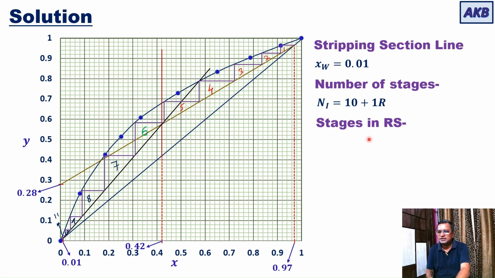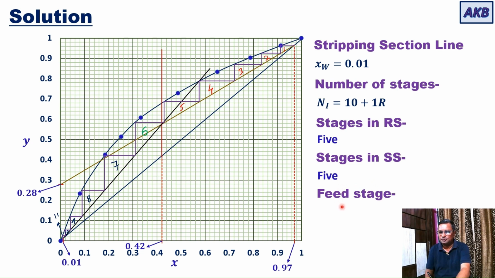How many stages are there in the rectifying section? Stages marked with red color. So there are 5 stages. How many stages are there in the stripping section? Stages marked with blue color. So 1, 2, 3, 4 and 5. The reboiler is also in the stripping section. And which is the feed plate?